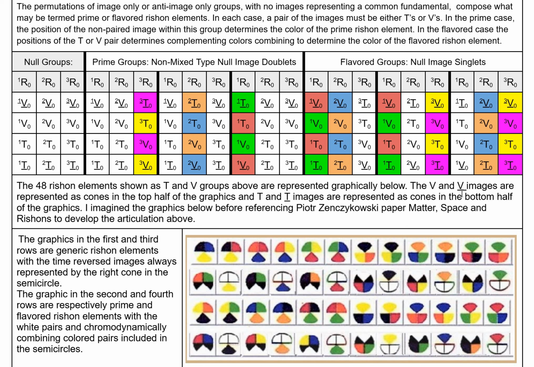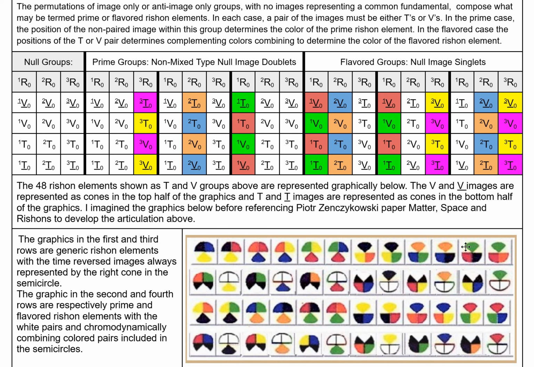The V and anti-V images are represented as cones in the top half of the graphics. That means the top half of the graphics, these cones, are always the V and anti-V.